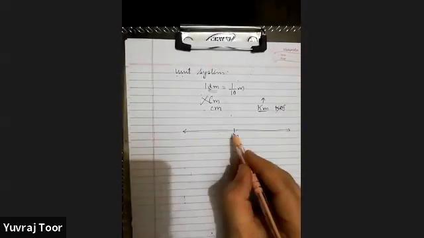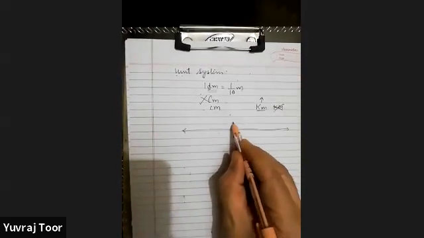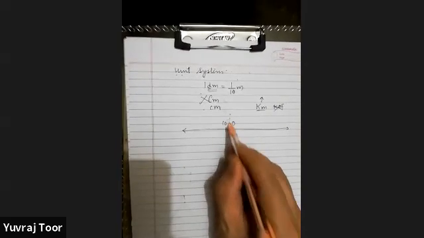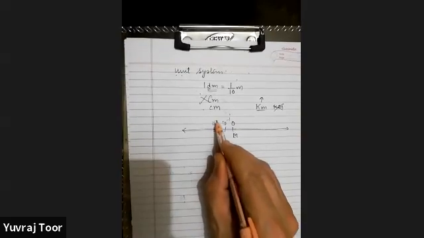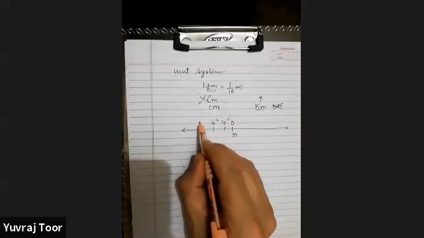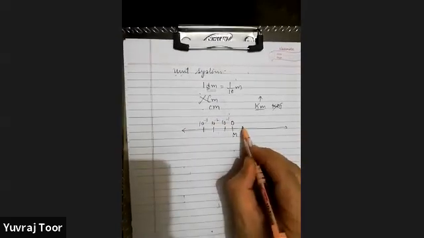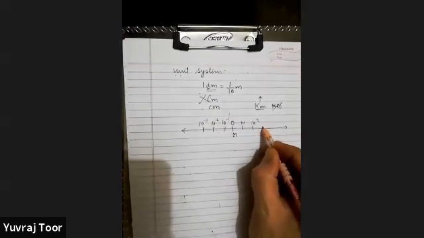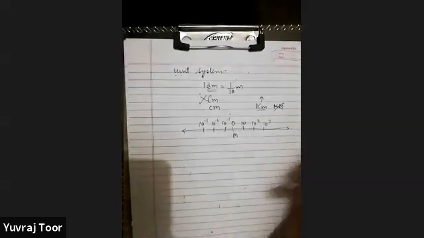On this side we are writing smaller units, as 0, that is ones place. Then it is 10 raised to power minus 1, 10 raised to power minus 2, 10 raised to power minus 3, and on this side it is 10, 10 raised to power 2, 10 raised to power 3.